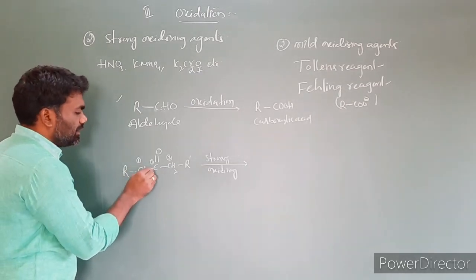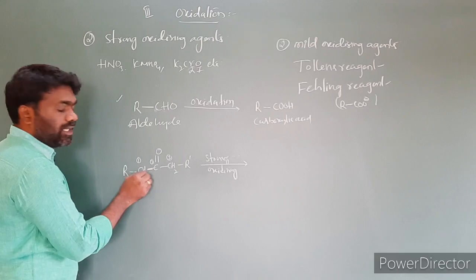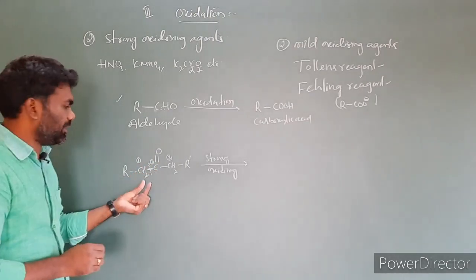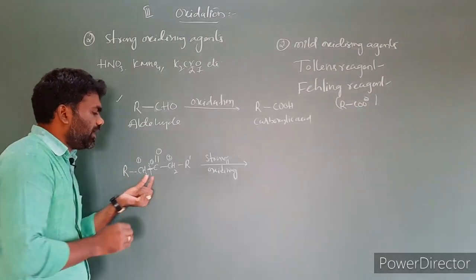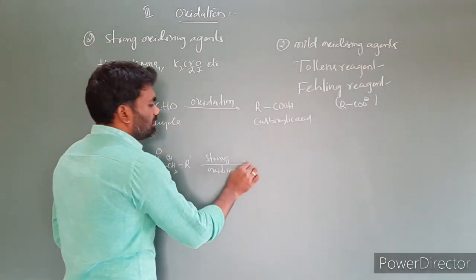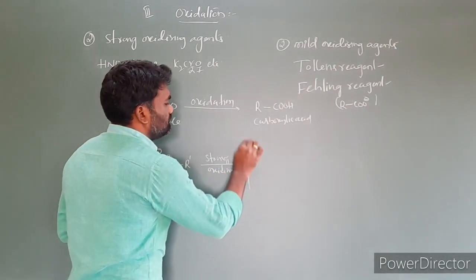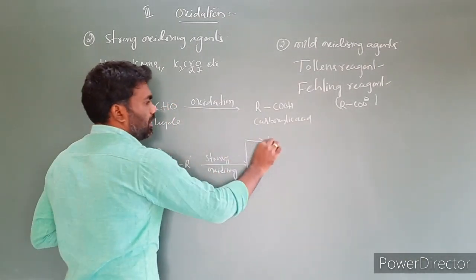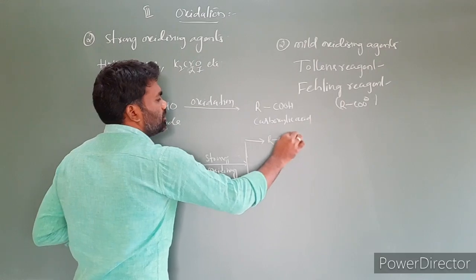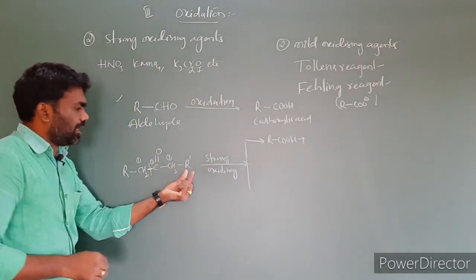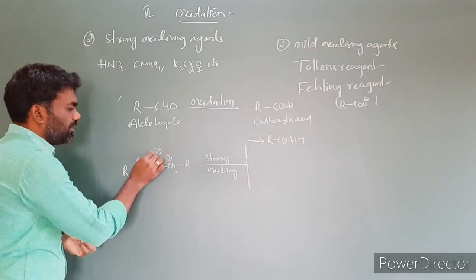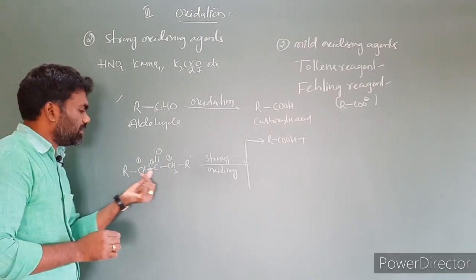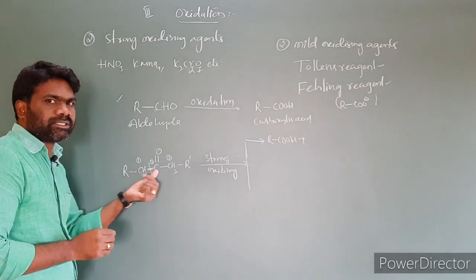Consider the bond between C1 and C2. If this bond undergoes cleavage, what type of product do we expect? R-CH becomes R-COOH, plus R'-CH2, and this group also converts into COOH. So where the bond is breaking, these two carbons convert into carboxylic acids.